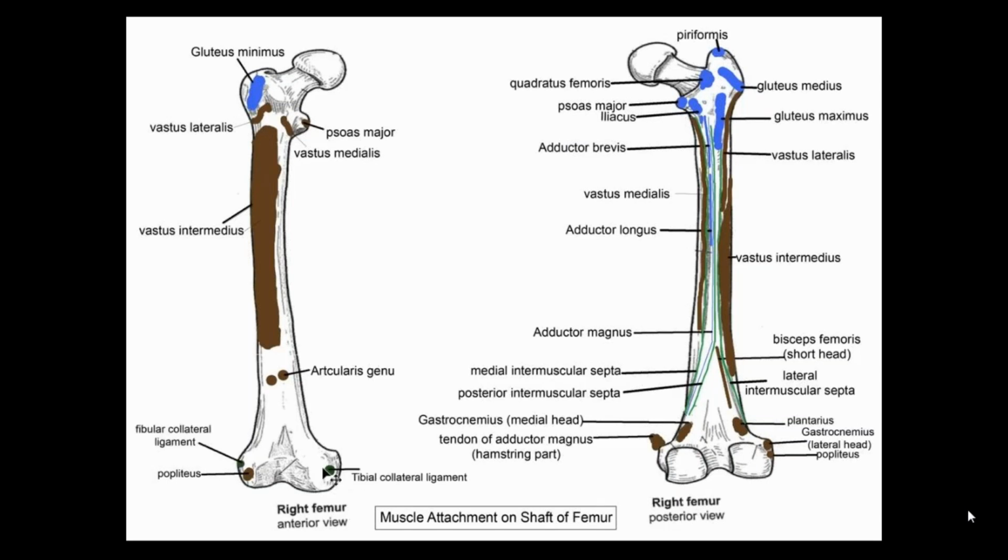The medial epicondyle receives attachment of the tibial collateral ligament, and the adductor tubercle receives the tendon of adductor magnus, hamstring part. The lateral epicondyle receives the attachment of the fibular collateral ligament, and also the fibers of popliteus. So the popliteus muscle actually originates from this point, right?